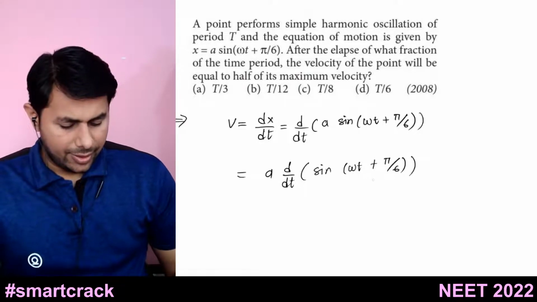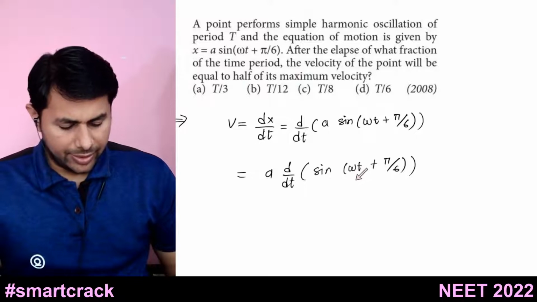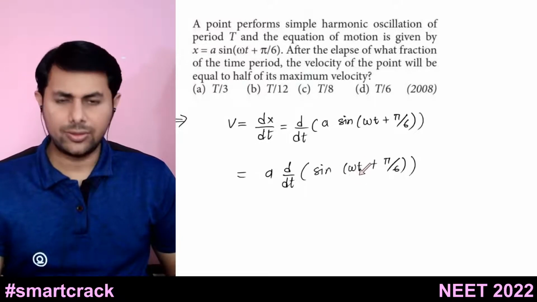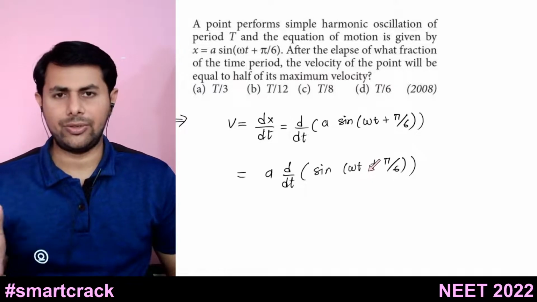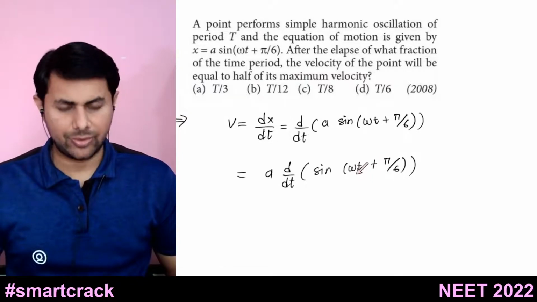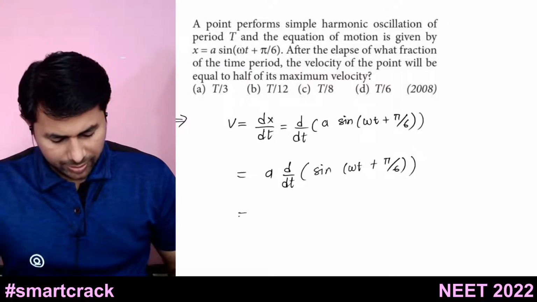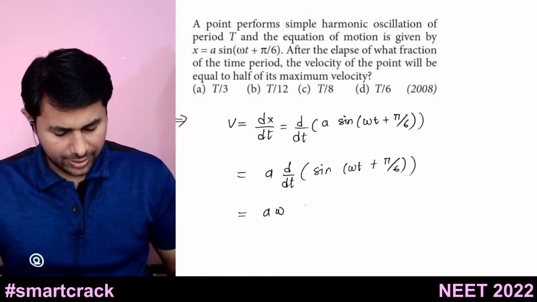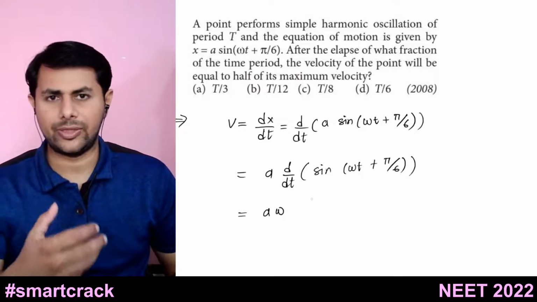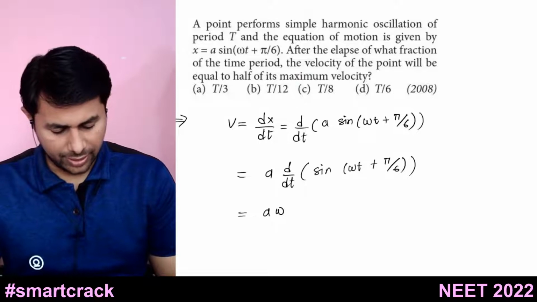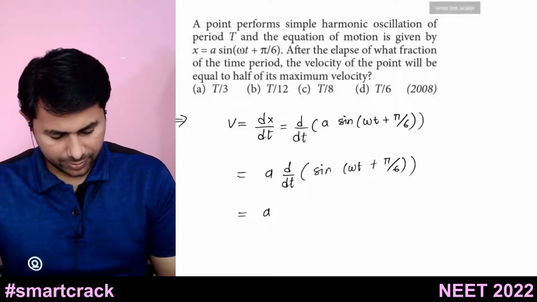The derivative of sine will give us cos, but we don't have just t over here. It's not the derivative of t with respect to t, it's the derivative of omega t with respect to t. So it will be A omega into the derivative of omega t with respect to omega t. This is the chain rule of derivatives, if you remember.